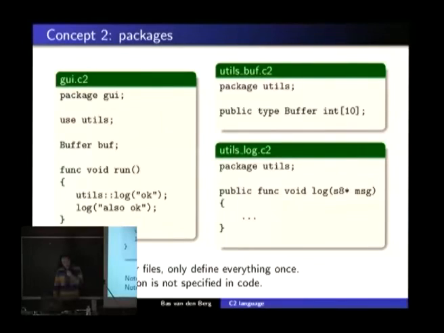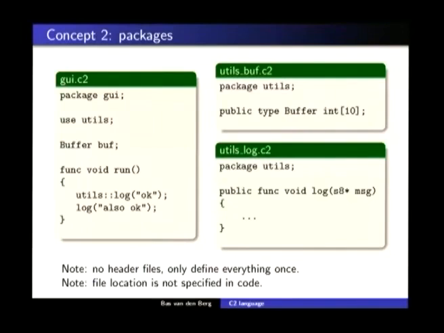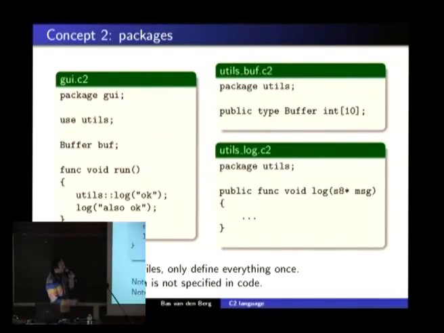The second concept you need when you don't have includes is the packages. We saw them briefly. This is a file that uses the package utils, and these two files are inside the package utils, and this is also a new keyword. One defines a type buffer, and the other one is a function here. For the calling side, it doesn't know where they are.